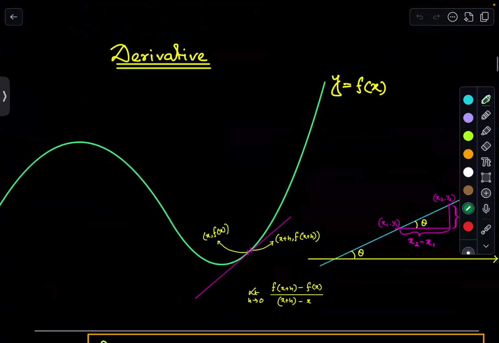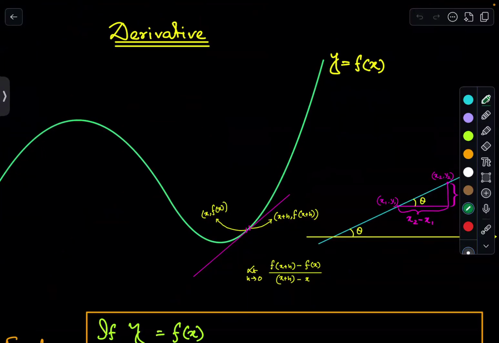So, in terms of derivative, when we try to find the rate of change for curves, we know that the rate of change for a straight line is the change in ordinate by the change in abscissa.